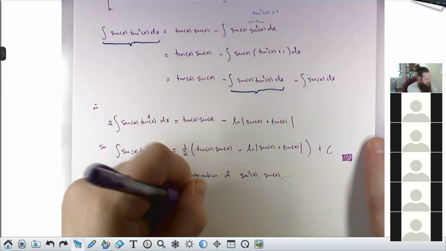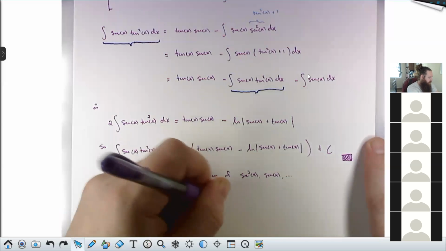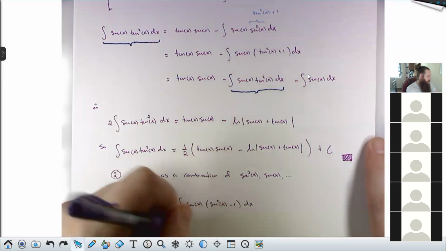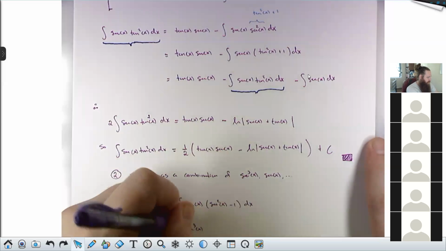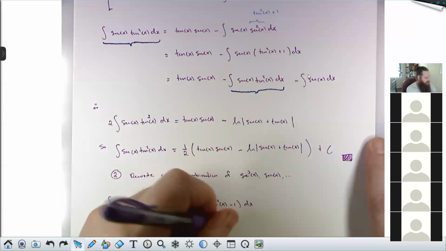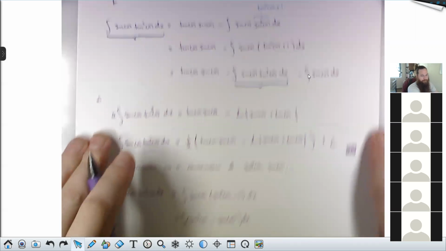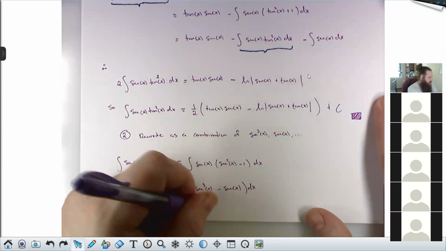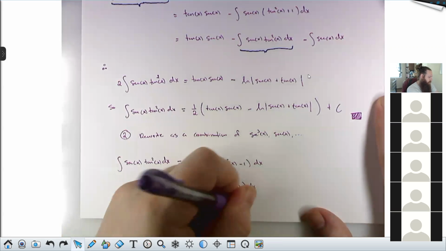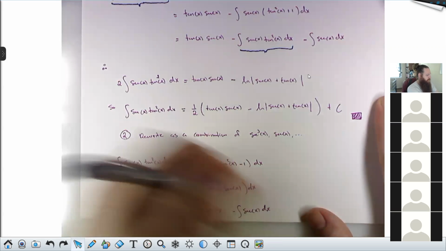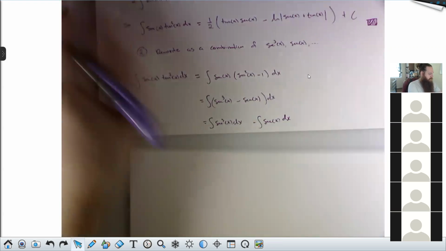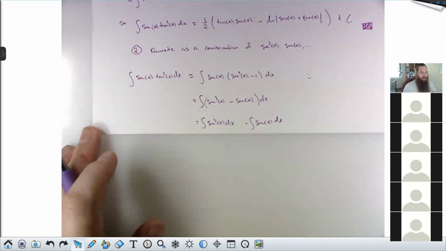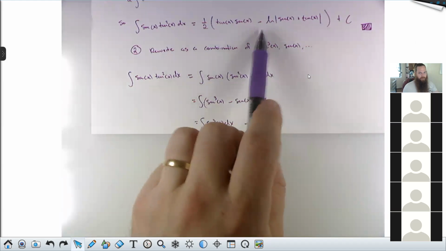So this is secant x times secant squared x minus 1 dx, which is the integral of secant cubed x minus the integral of secant x. All right, and then you split this up, that's the integral of secant cubed x dx minus the integral of secant x dx, and apply the result from last week, which is the integral of secant cubed looks an awful lot like this thing. It's just got a plus here instead of a minus.